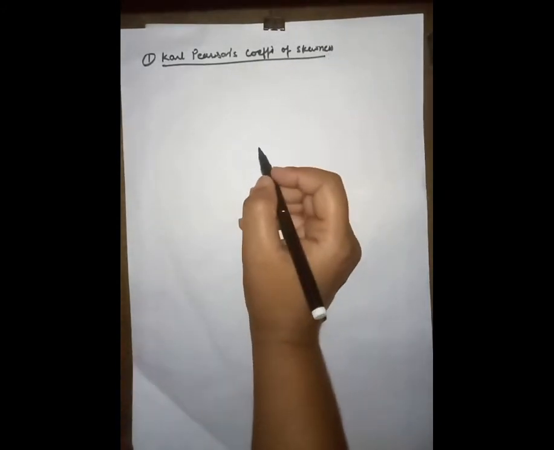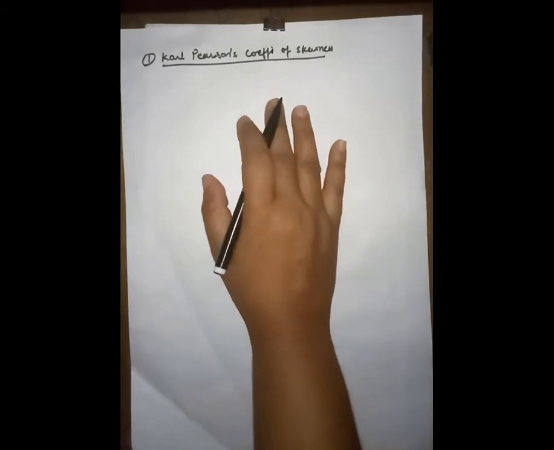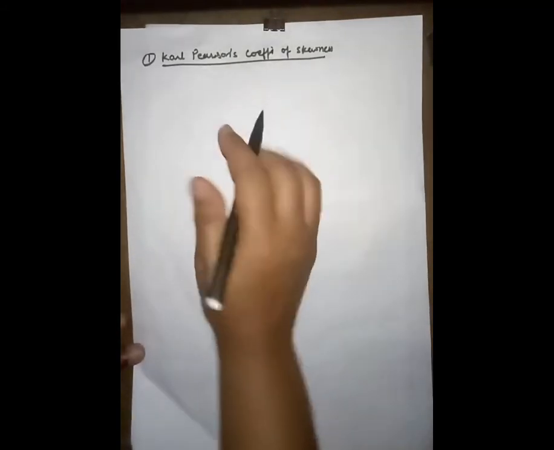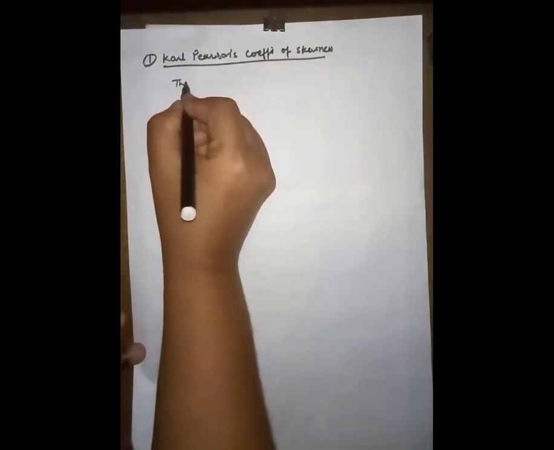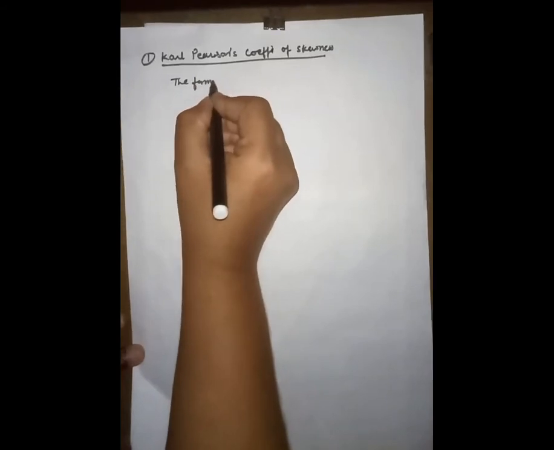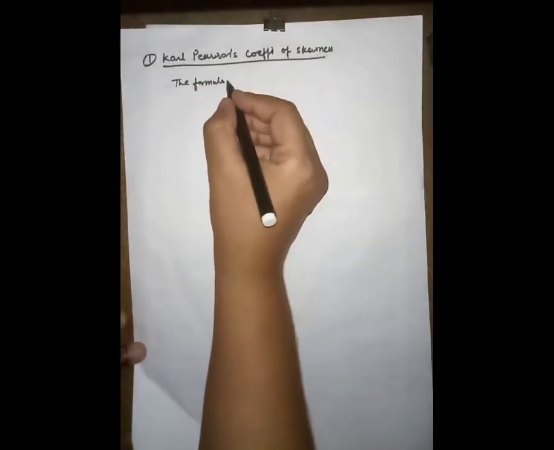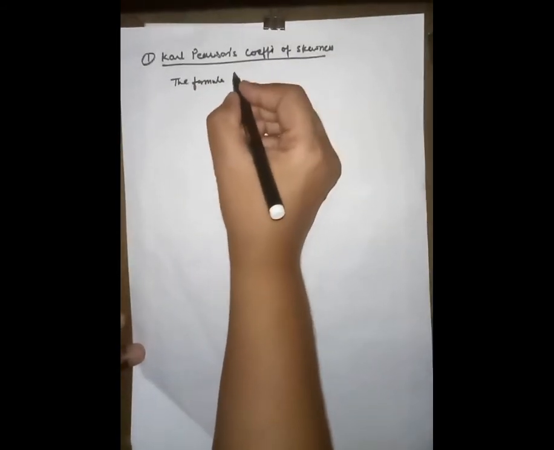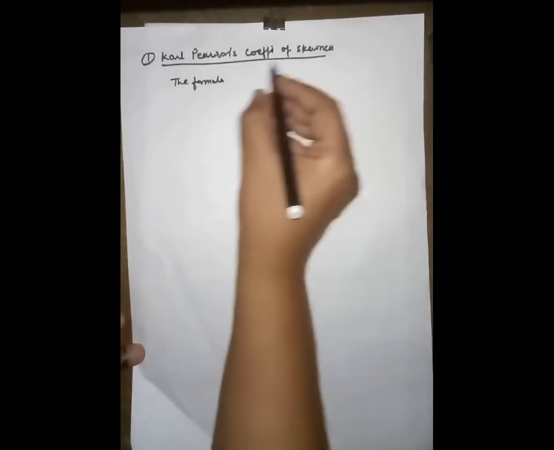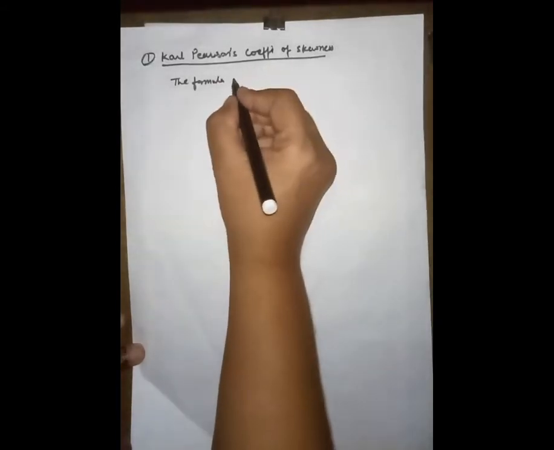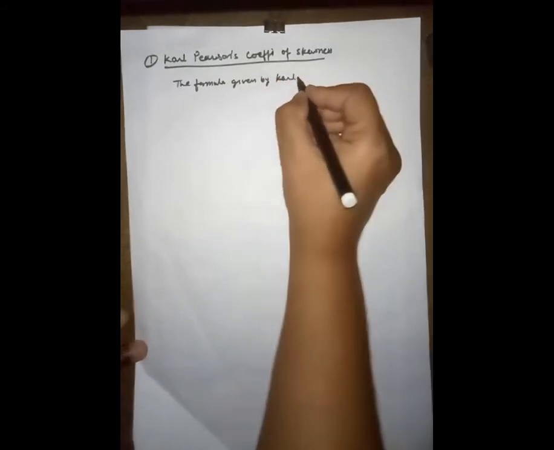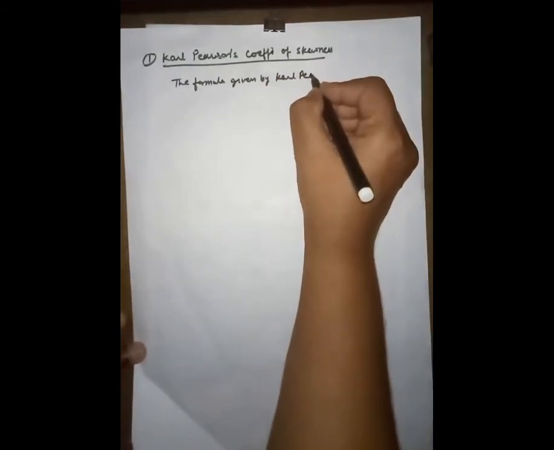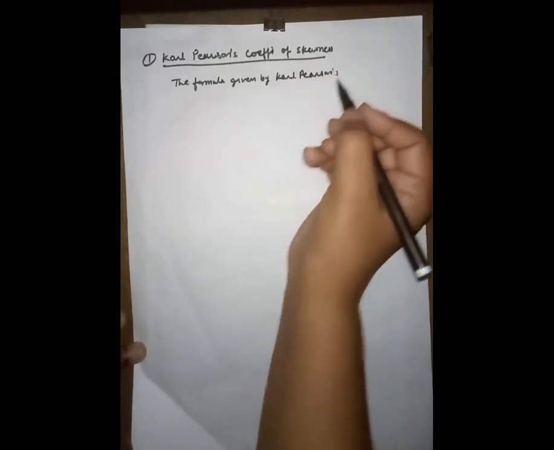So friend, the formula for measuring skewness as given by Karl Pearson is as follows.